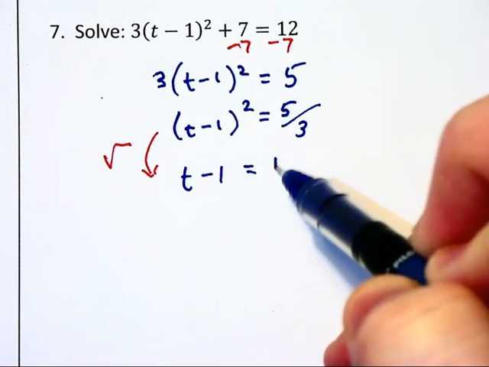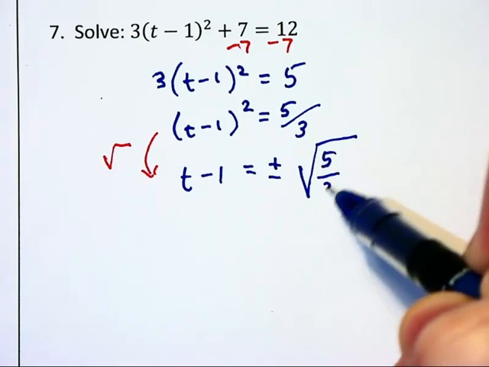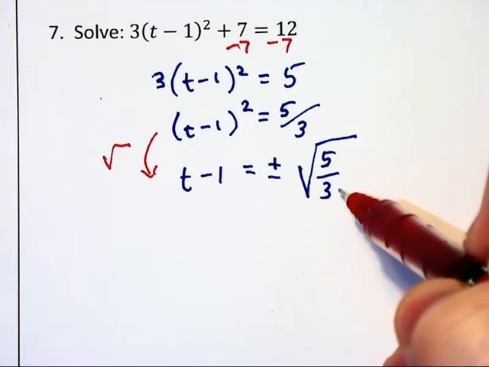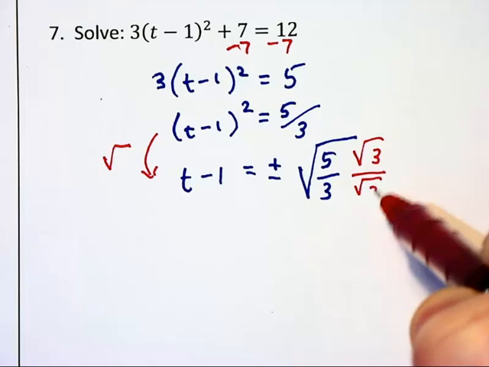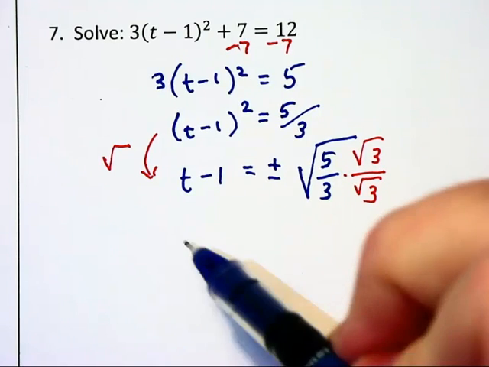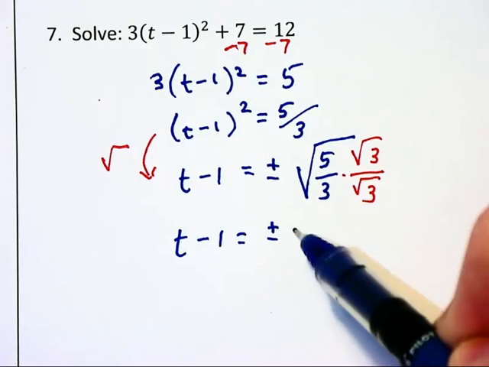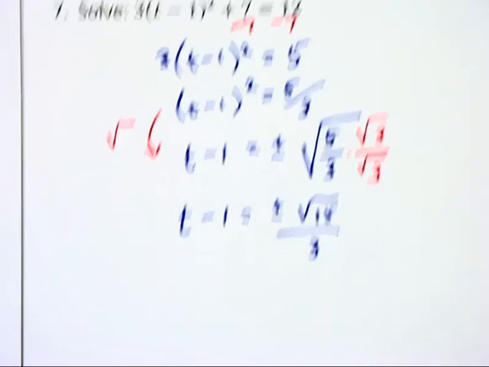On the right, we're not going to forget that plus or minus symbol, but we've got plus or minus the square root of 5/3. We can't have that radical in the denominator, so we will rationalize the denominator by multiplying by root 3 over root 3. Now we've got t minus 1 is equal to plus or minus the square root of 15 over 3.